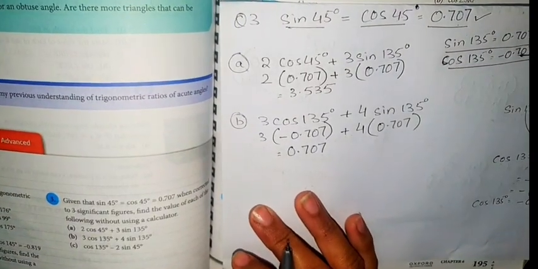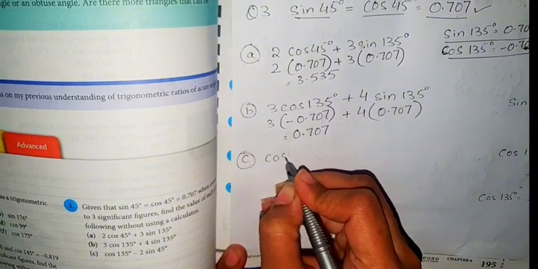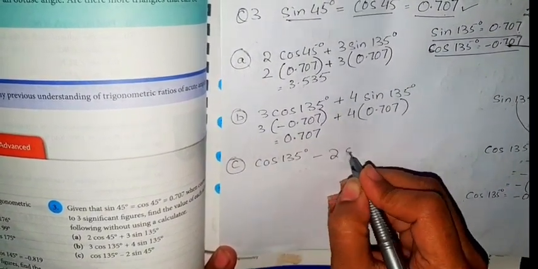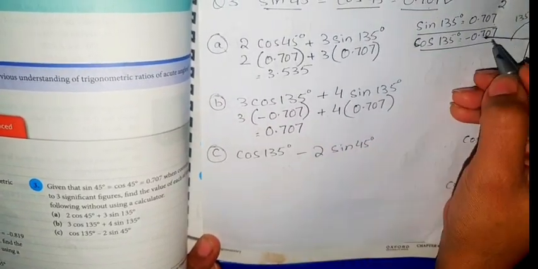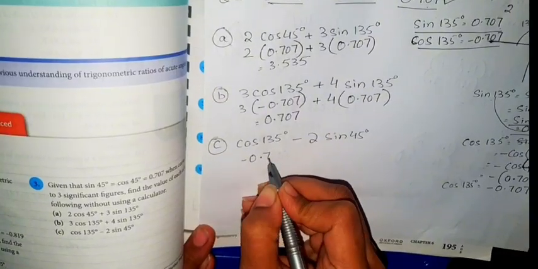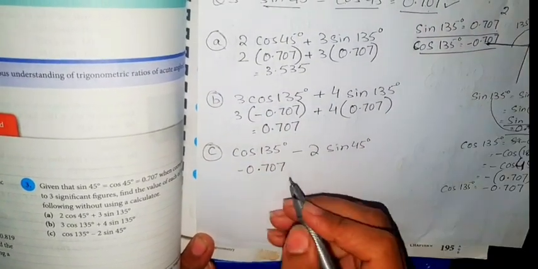Now move to part C. This is cos 135 degrees minus 2 sine 45 degrees. Cos 135 equals minus 0.707. We don't have to do calculation because we have already done it.